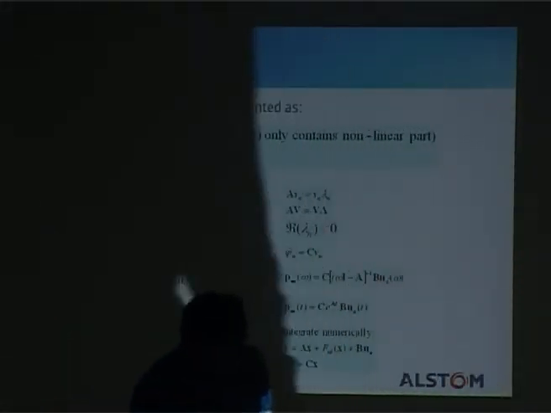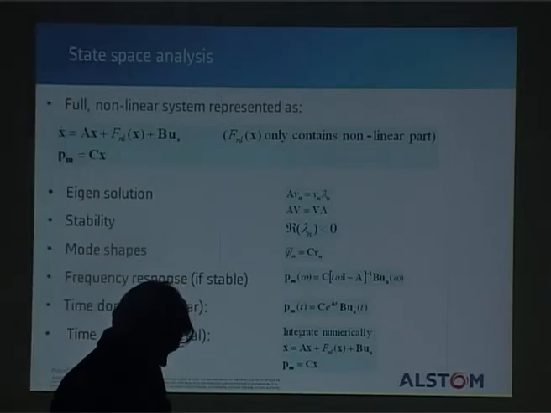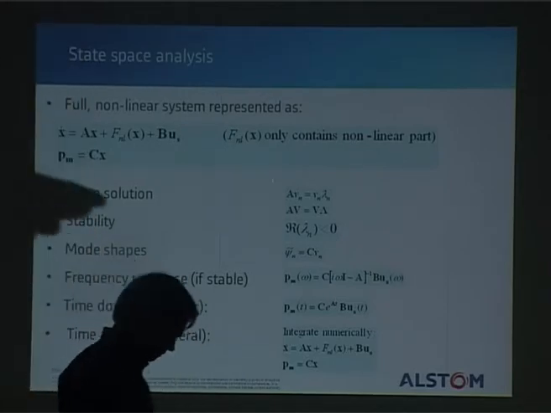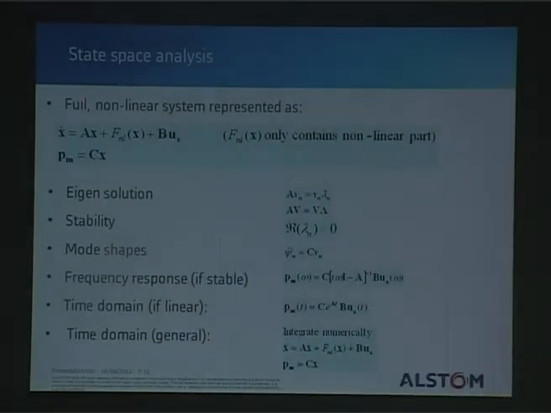If you only consider the linear part, not considering this nonlinear term, then you can do an eigen analysis, so the eigenmodes you get from the eigenvalues of this matrix. You can look at the stability of the system. You just have to make sure that the real parts of the eigenvalues are smaller than zero. You can extract mode shapes from the eigensolutions.